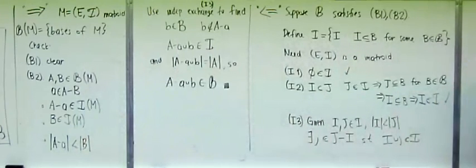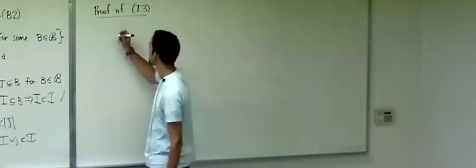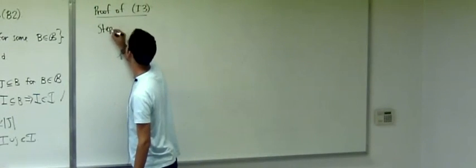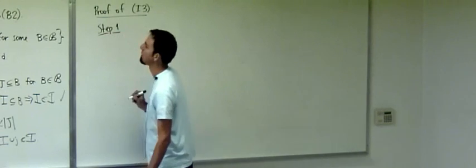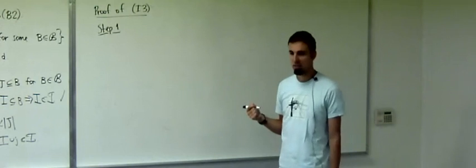So, proof of I3. I need to do this in 2 steps. And step 1 is exactly what Jameson and Chris were talking about. Step 1 is that I'm going to show that all the sets in B have the same size.